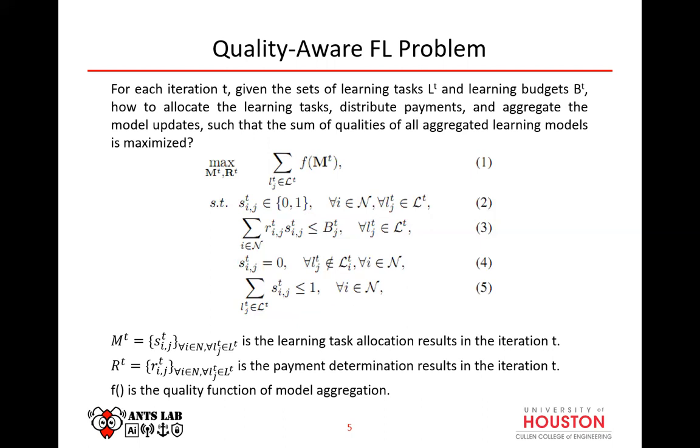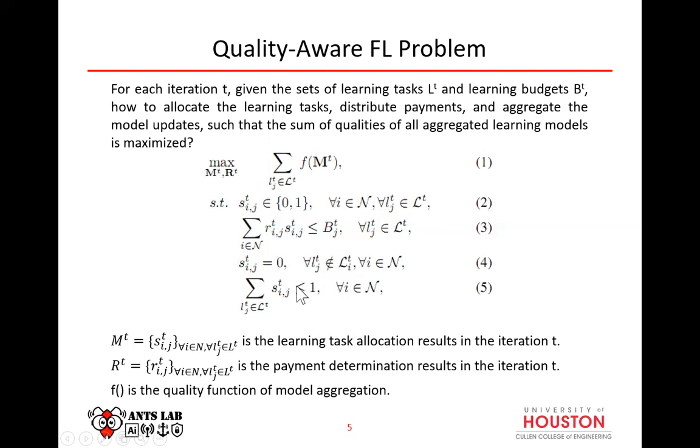What do we mean when the learning task is not in that specific node's learning task set? Number 5 is easy to understand, right? One node, one device probably, can only participate in one learning task. That's easy to understand. But what does number 4 mean?